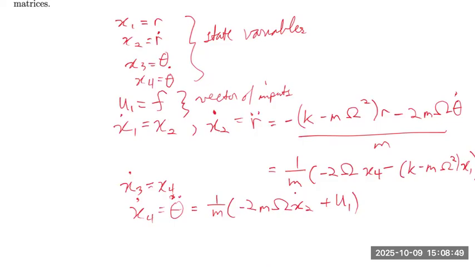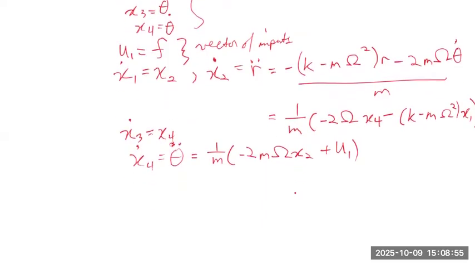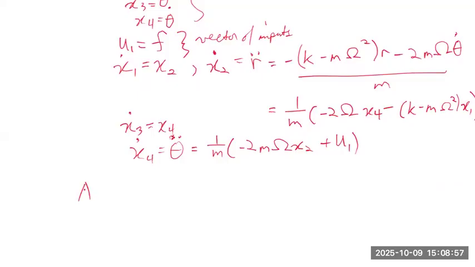So now we can come up with our matrices, which are the matrices A and B. For matrix A, remember what matrix A represents. These matrices depend on the definition of the state variables and the input.